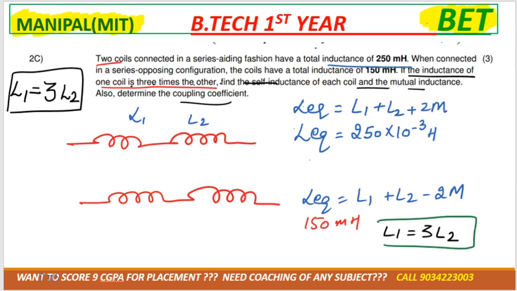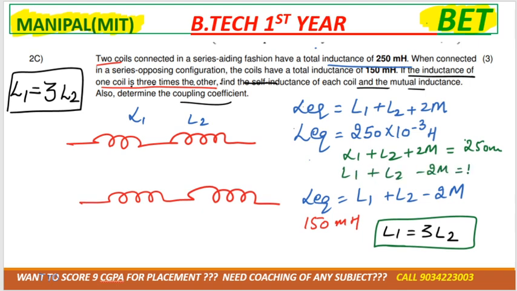One equation is this one, another equation is this one, L1 plus L2 plus 2m is equals to 250 millihenry. L1 plus L2 minus 2m is equals to 150 millihenry, right? 3 equation है और 3 ही variable है.